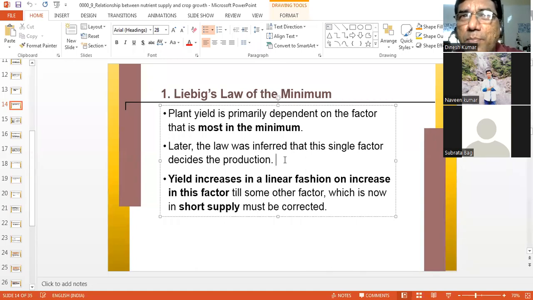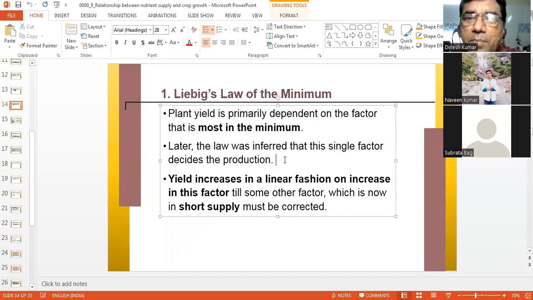He just took the idea of Liebig and put it in a different perspective. He took all the growth factors, carbon dioxide, temperature, and so on, influencing photosynthesis. Only the context was changed; the fundamental principle remains the same. If any of the growth factors is supplied in the least quantity, it will decide the growth of the plant.